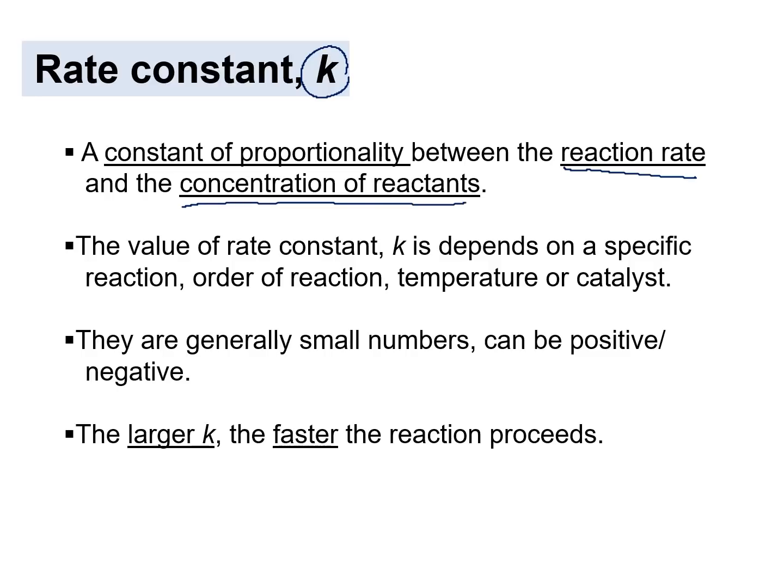The value of rate constant actually depends on specific reaction, order of reaction, temperature, or catalyst. Actually, generally, nilai untuk rate constant adalah small number. It can be positive or negative. Semakin besar nilai rate constant, semakin cepat tindak balas berlaku.